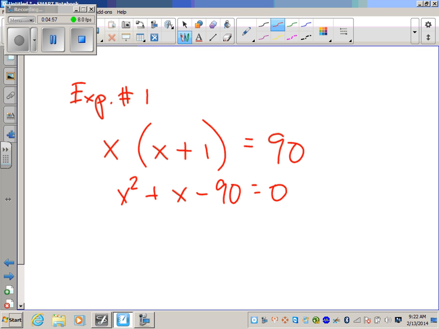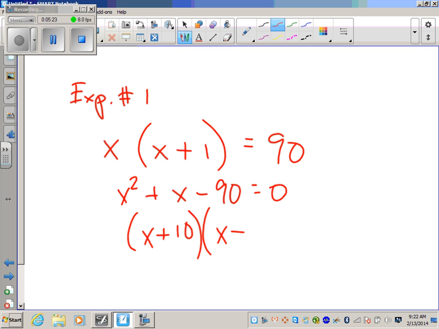So factors of a negative 90, yeah? It's not going to work. Plus, 3 and 30 I don't think is going to give us a 1. Marlia? 9 and 10. Which one's positive? The 10 is going to be positive.